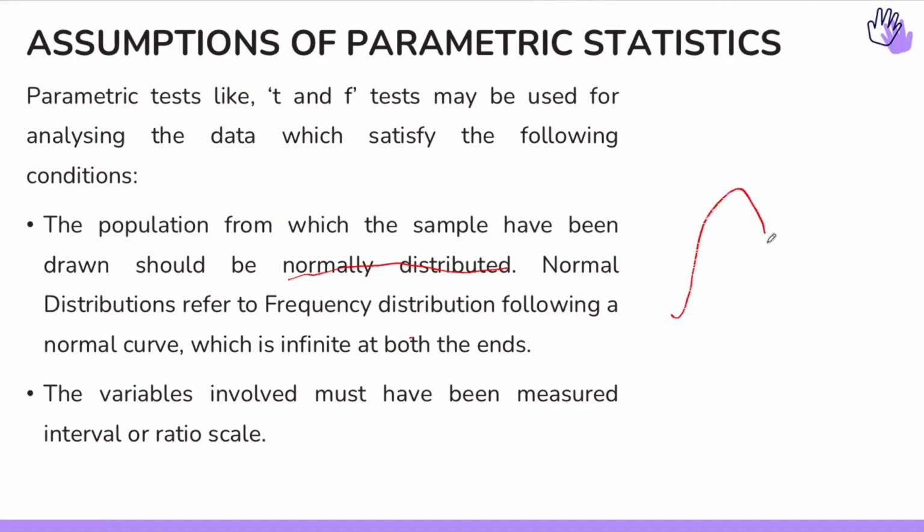So a normal distribution looks like this, and it is a symmetrical distribution. This is a normal distribution. It has a bell shape, and it is a symmetrical distribution.